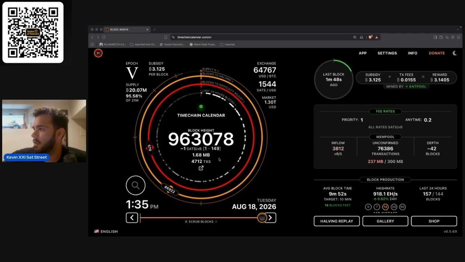Where's the average fee? Give me 1 second. Average fee. See, I'm not even familiar with it myself. All right, so right here is the average fee per block, and that's less than 1 cent per vbyte.